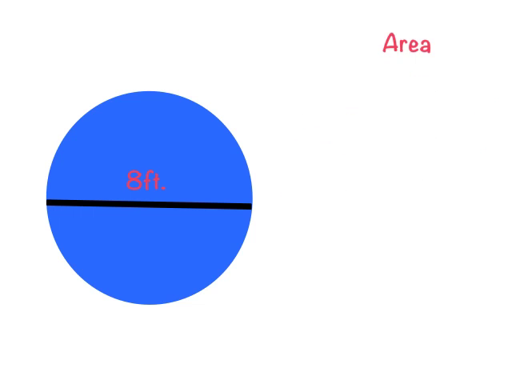Okay, so now let's find the area of this circle. And once again, we need a formula. So the formula for the area of a circle, and since we're talking circles, you know what we're going to need, what all circles make me think of, pi.